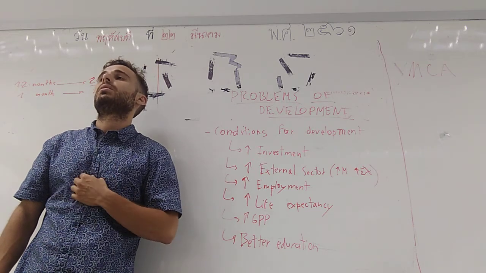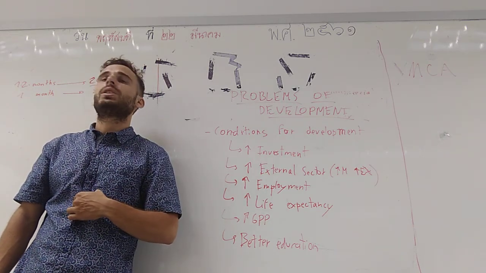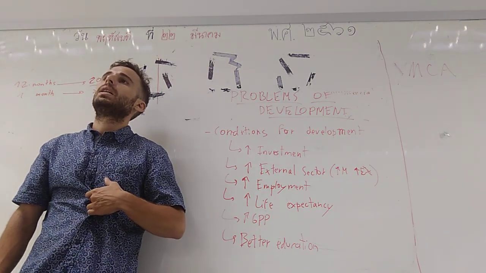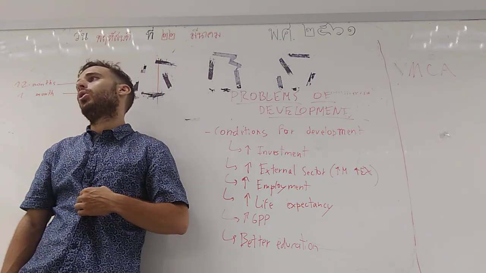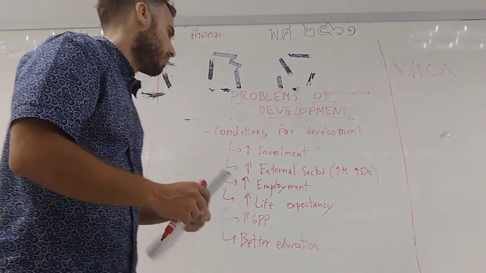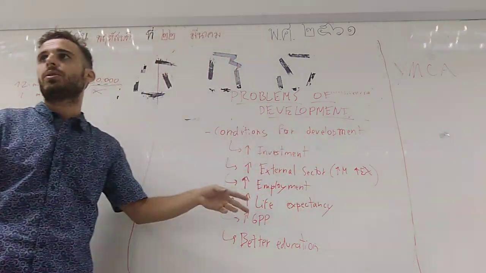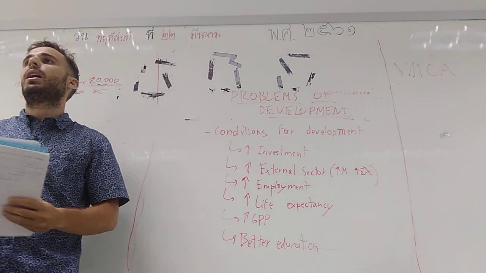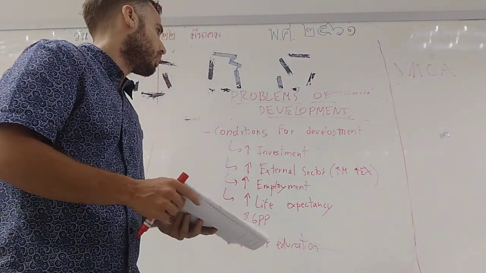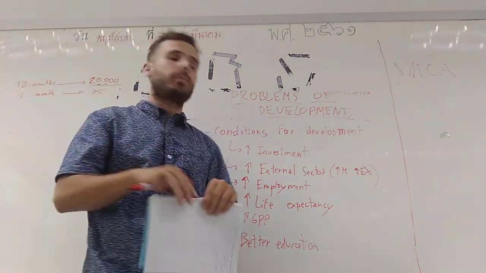GDP, people who are able to read, literacy rate, healthcare system, tax system, unemployment benefits, all that is related when we talk about development. Countries that are depleted in any of those factors have difficulties in order to become a fully developed country.